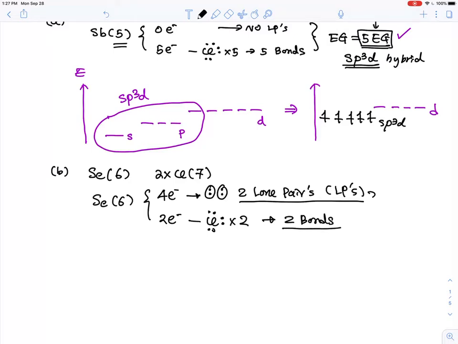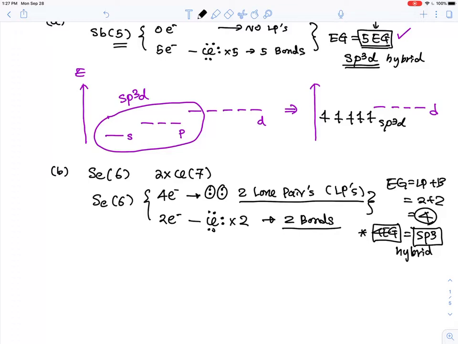So if you add them together, the EG, which is the lone pairs and the bond number, is 2 plus 2, which is 4. So 4 EG means sp3 hybridization. That's what it means, and that's the hybrid.